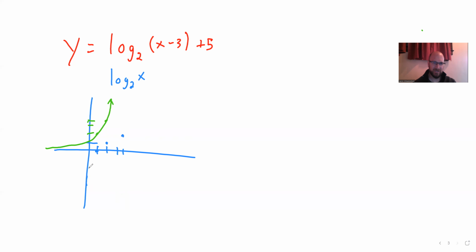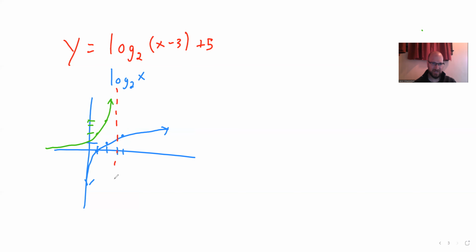So I really need to have 2 of these points. I should have a key 1 here. Log any base goes through 0. Okay, and then I should always have the point 2, 1. If it's base 4, that would be 4, 1. So now I can do my transformations. This shifts right 3, which is going to shift my whole asymptote right 3.